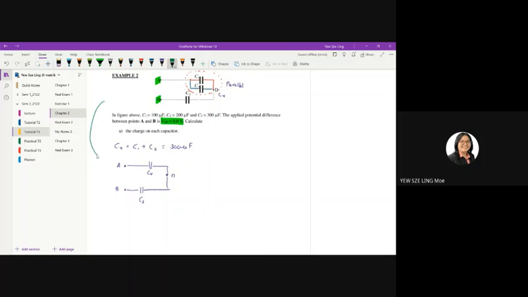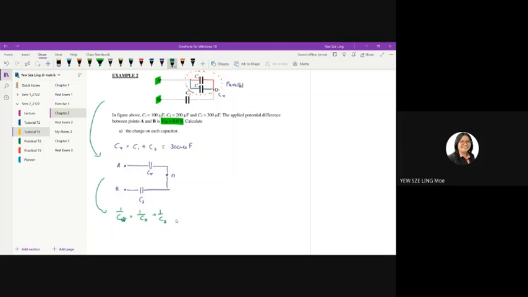Obviously CX and C3, they are being connected in series. And after you combine the two of them, you will be left with just one capacitor. So now I can call it 1 over C effective. 1 over C effective is equals to 1 over CX plus 1 over C3.